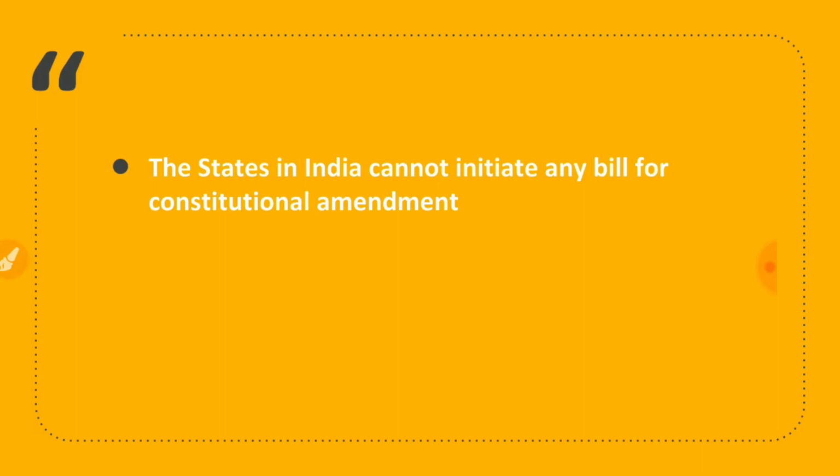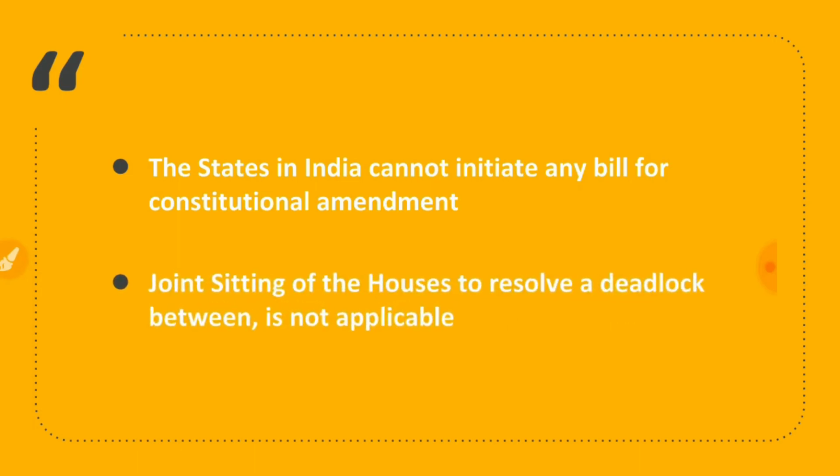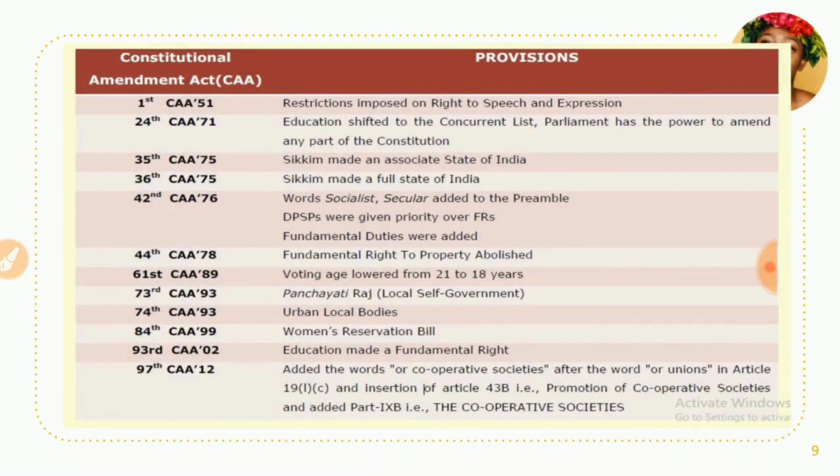One more important tip for the amendment bill: states in India cannot initiate any bill for constitutional amendment. And the second, there is nothing like a joint sitting. A joint sitting between the Lok Sabha and Rajya Sabha resolves deadlocks, but in the case of amendment deadlock, a joint sitting of the houses is not applicable. This is the highlight of the Indian Constitutional Amendment Act.